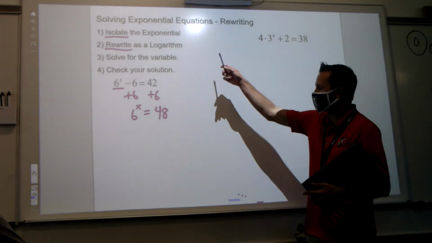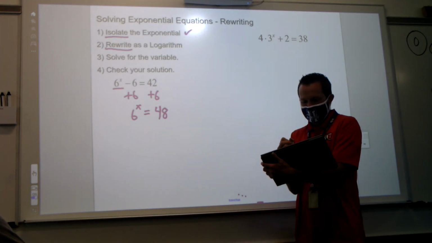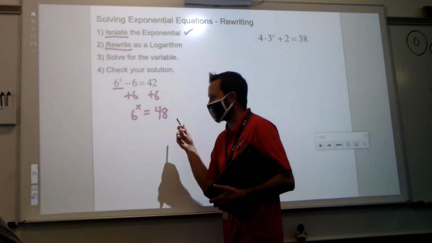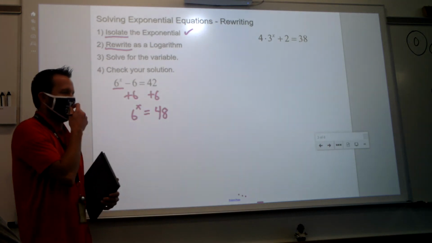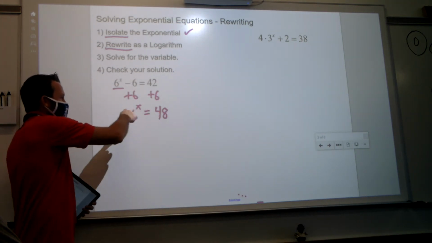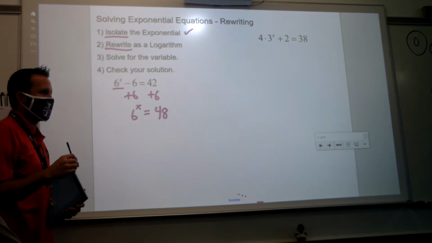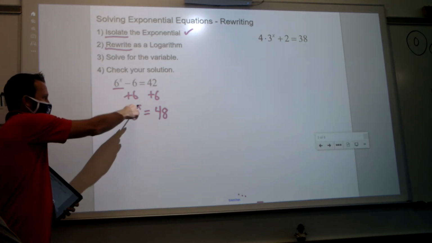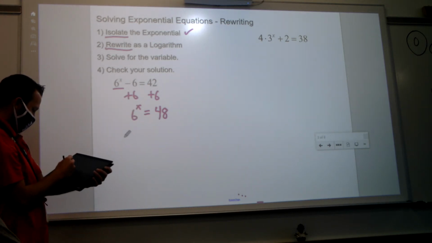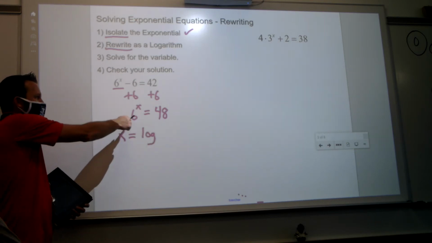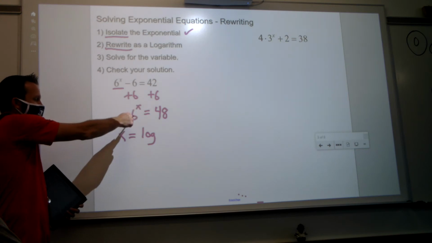Well, I'm going to use these steps. So we isolate it. And now we need to rewrite this as a logarithm. Maybe you need some practice here, so I'll do this for you. But if I have an exponential, the way I rewrite it as a logarithm is I set the exponent equal to the logarithm. So I'm going to do x equals log. And this 6, notice how it's in the base of the exponential.